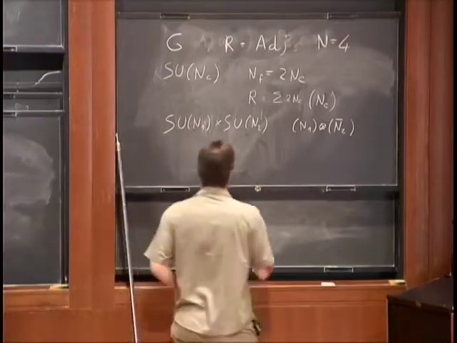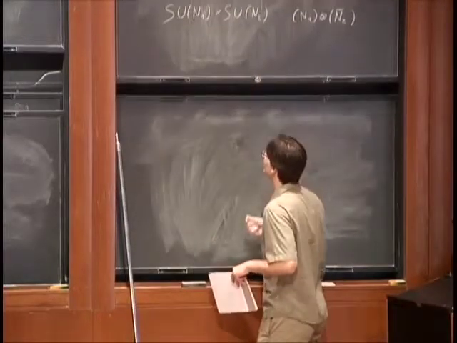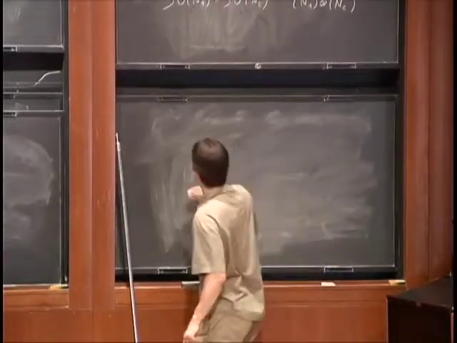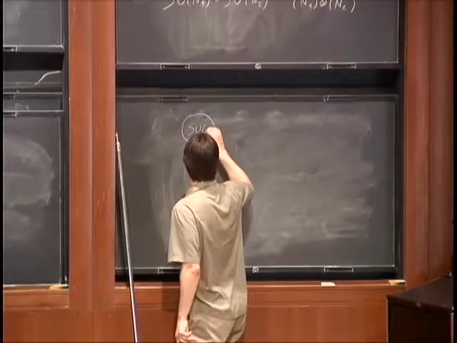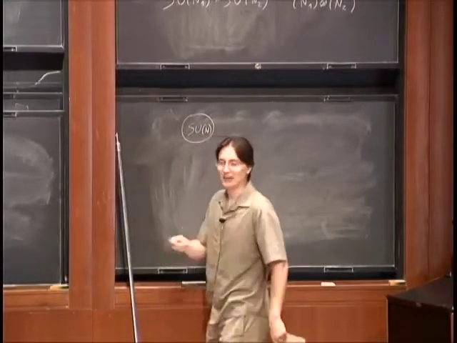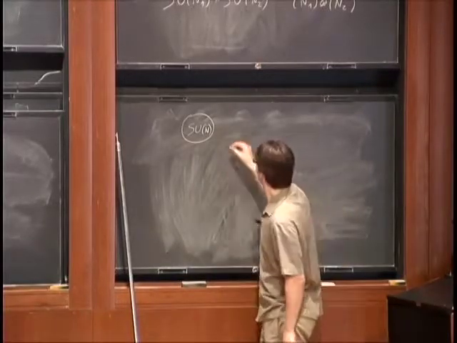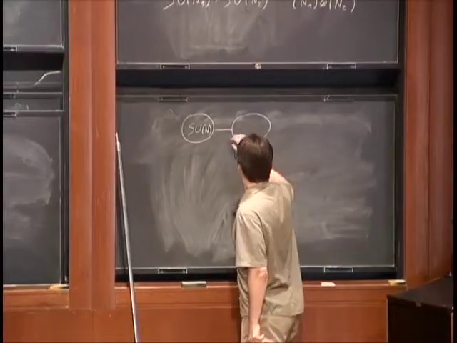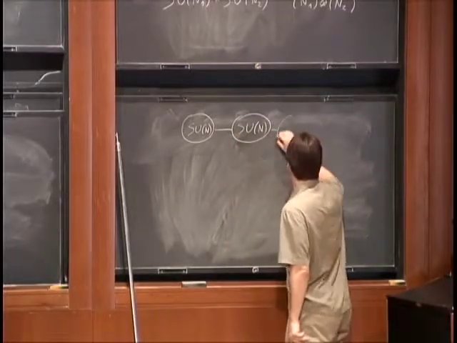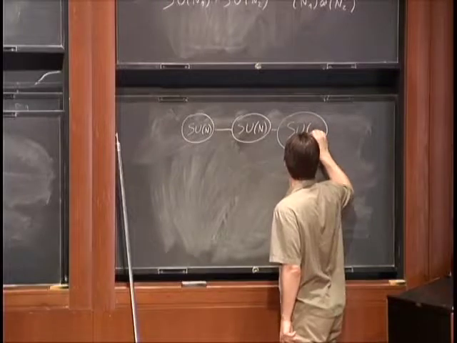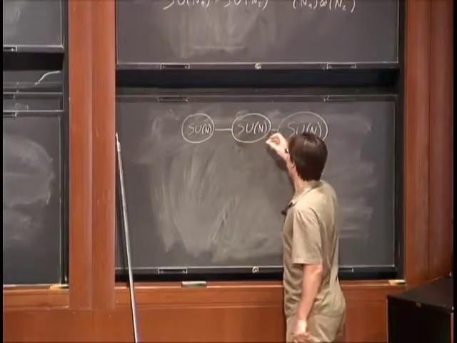There are some very simple examples. For example, they are typically described graphically as a quiver diagram, where you represent your gauge groups by circles, and the bifundamentals by lines joining them.